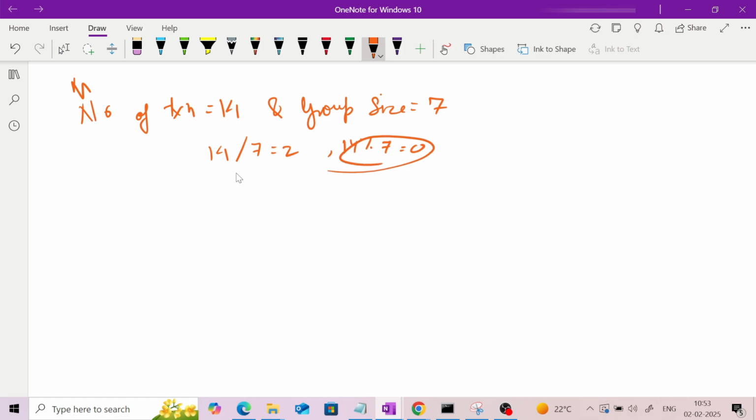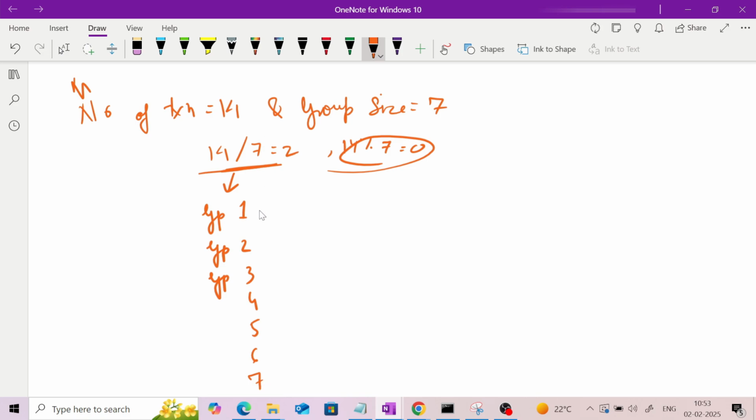What does this mean? We have 14 transactions and 7 groups that we have to make. So this is group 1, group 2, group 3, 4, 5, 6, and 7.